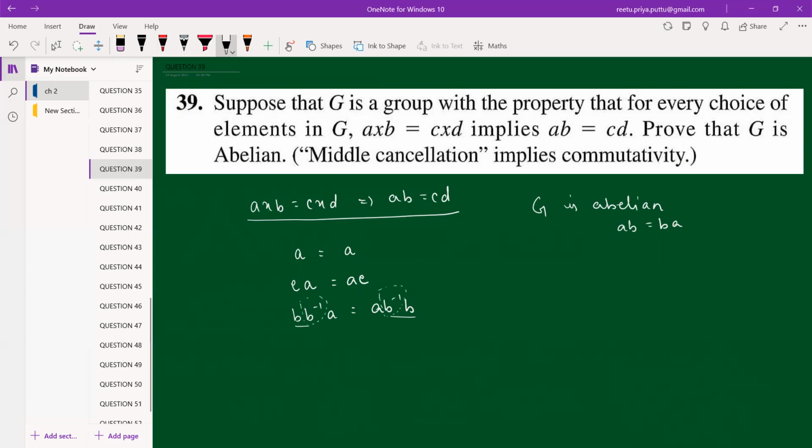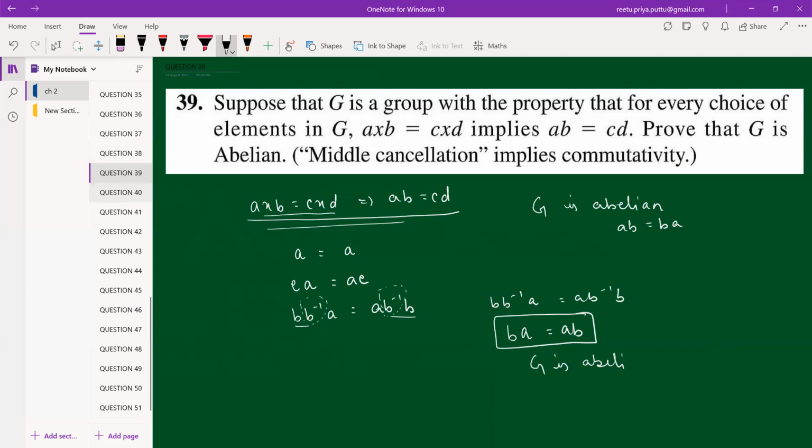Now I arrive at B inverse A equals B inverse B. Now I will apply this property. I will cancel out X and I will get BA equals AB. Now you can see how beautifully I came to show that G is abelian. So here it says that if the middle cancellation is applied, if I am able to cut the middle elements, then this implies commutativity of the group.